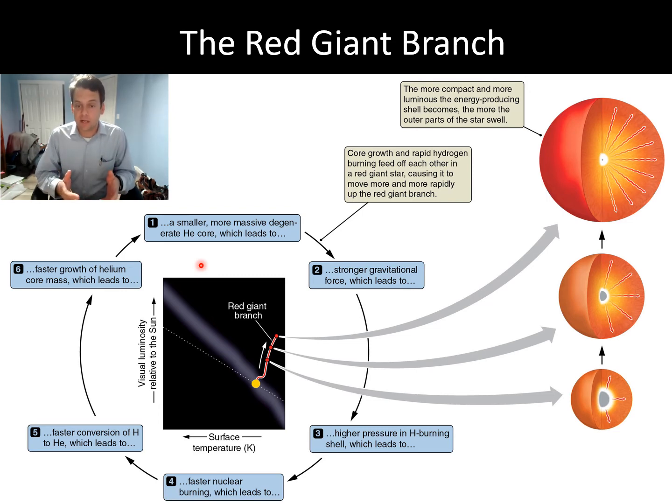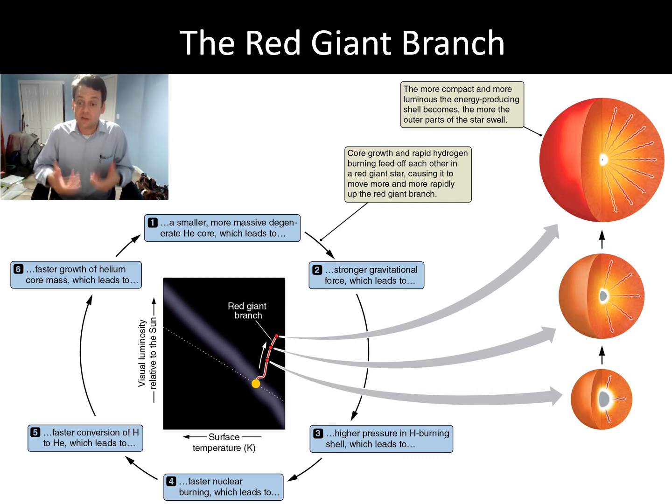Because it's getting more massive, that means stronger gravitational forces. Those stronger gravitational forces mean higher pressure in the hydrogen burning shell. That increases the reaction rates, which leads to faster reactions, which gives faster growth of helium in the core.